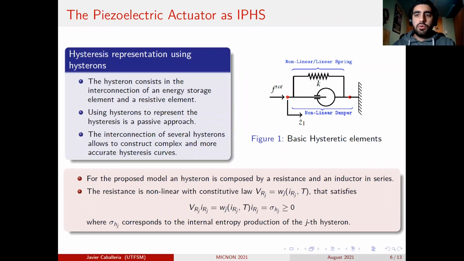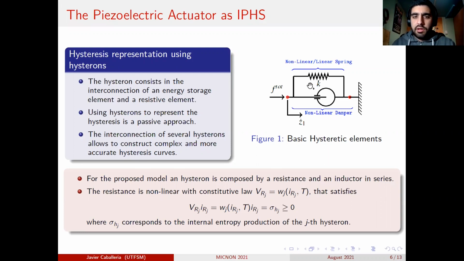Before I show you our proposed model, I'm going to talk about the hysteresis representation using hysterons. The hysteron consists in the interconnection of two basic elements, the energy storage element and the resistive element. Here in figure 1, you can see a hysteron for a mechanical system.